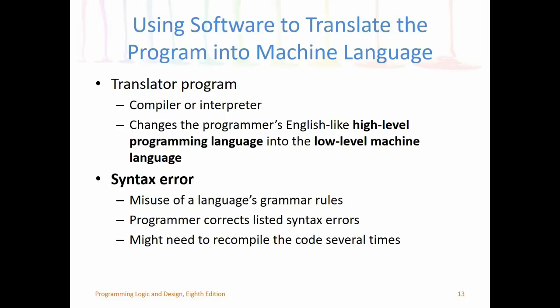Syntax error, as we said, is the misuse of a language's grammar rules. The programmer corrects the syntax errors and may need to recompile the code several times. If you are going to program, for example, using visual logic, and you test it and it didn't work, you are going to recompile only the steps that have been changed, because technically the program already has the others in machine language.